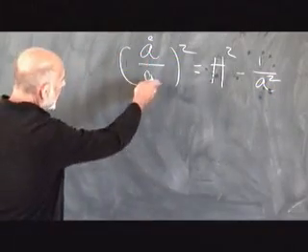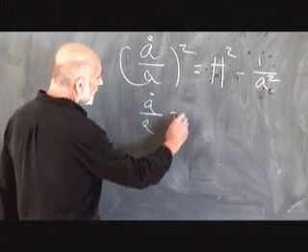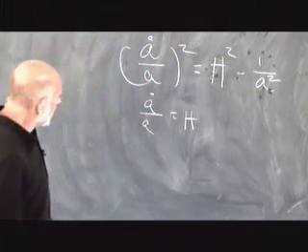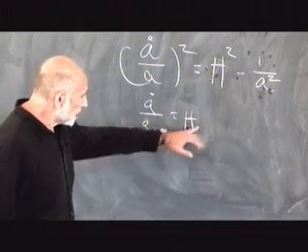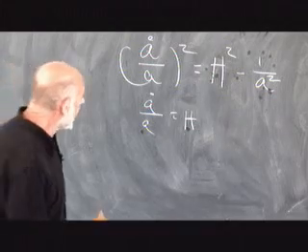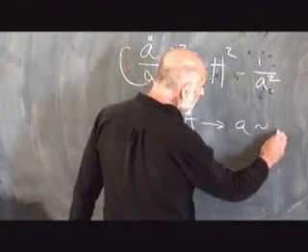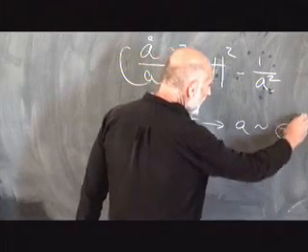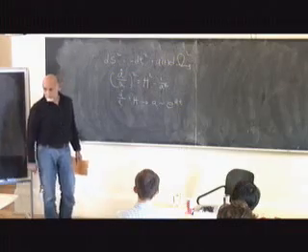Then it just says that a dot over a is equal to H. In other words, a constant rate of expansion, or the time derivative of A is simply proportional to A itself with a constant factor, and we know what the solution of that is. A is equal to e to the Ht, in other words, exponential expansion of space.